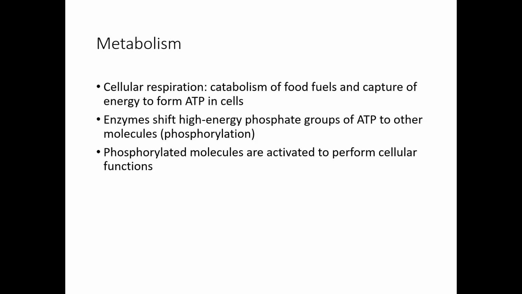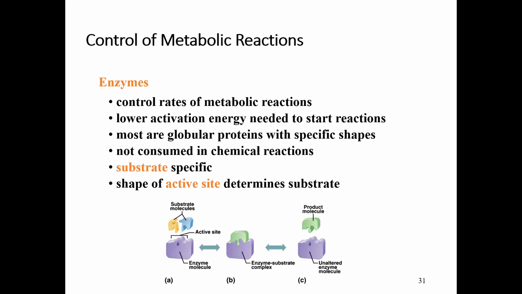We transfer it to the sodium potassium pump so we can pump sodiums out of a cell. Everything involves the movement of that third phosphate. This is phosphorylation. So cellular respiration and phosphorylation: two terms you need to remember.